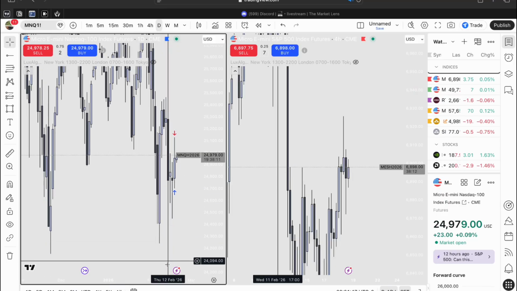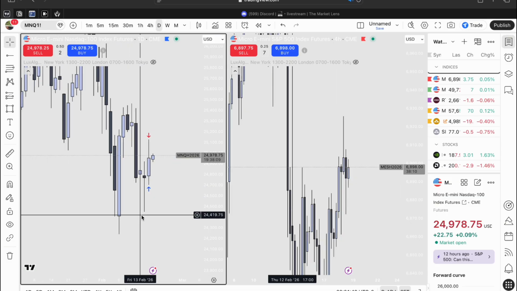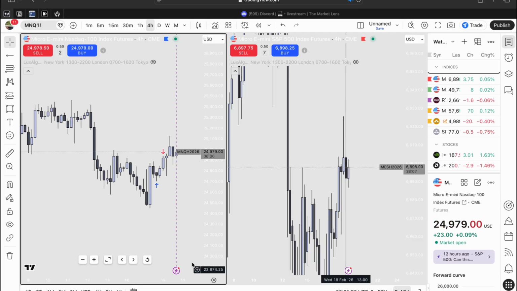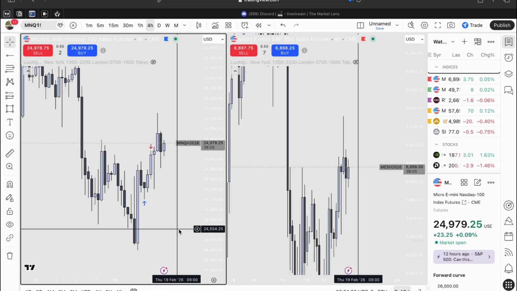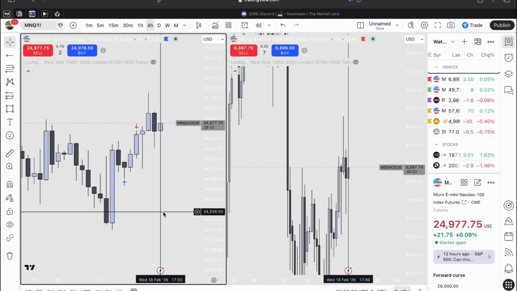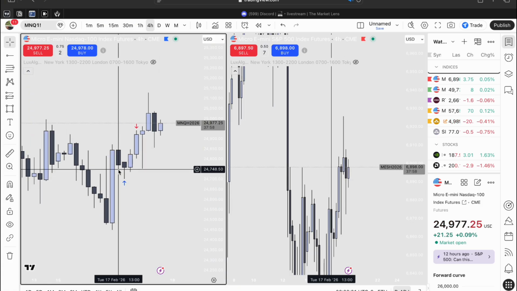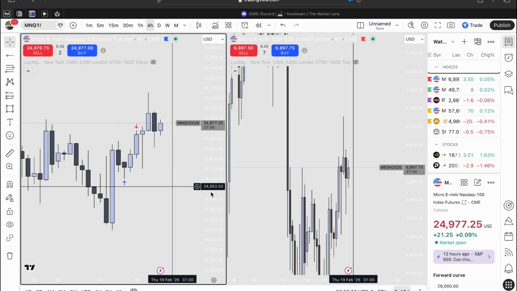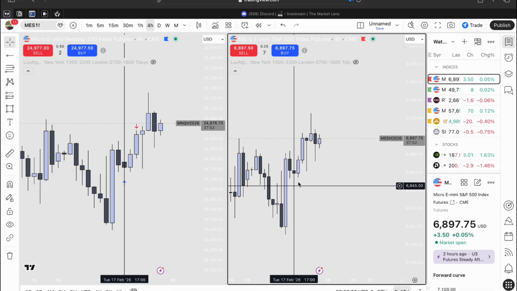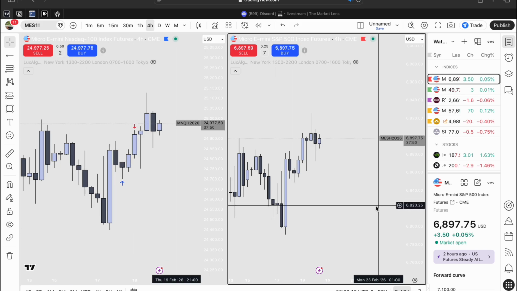All right, so we took this long here. We'll go straight down to the 4 hour. Essentially we were looking into the PM session, and we had this swing point here on the 4 hour time frame. As you can see on the S&P, they're looking the exact same.